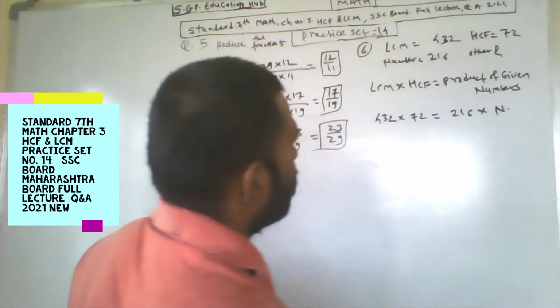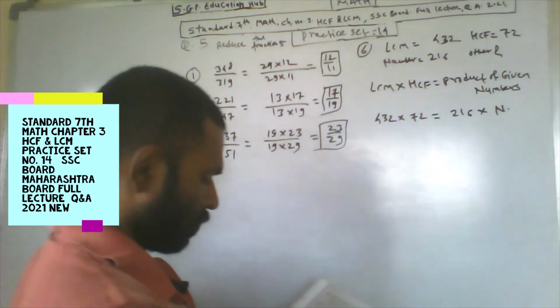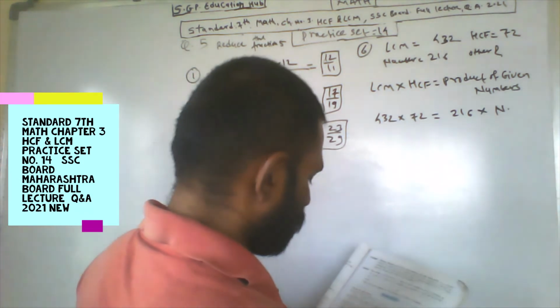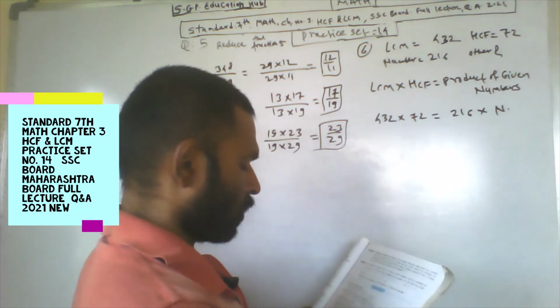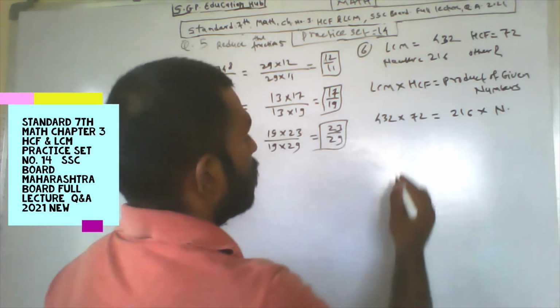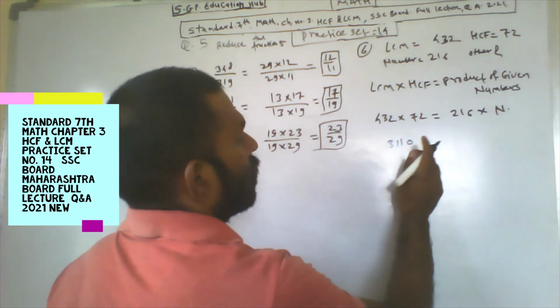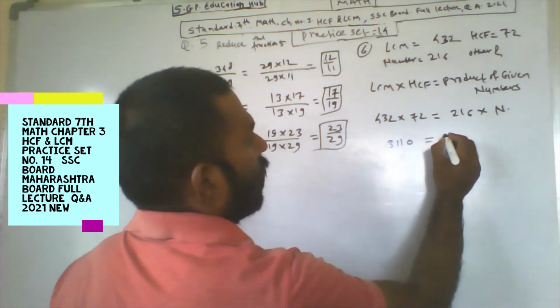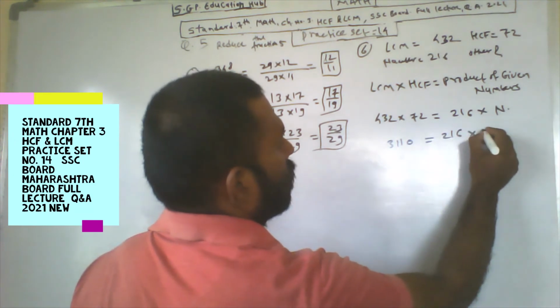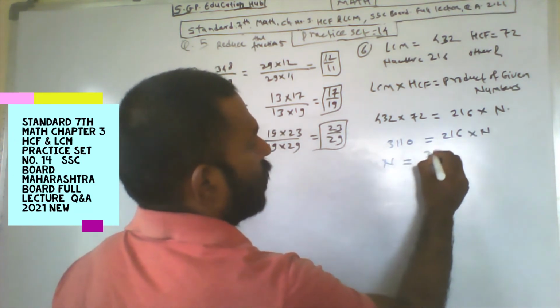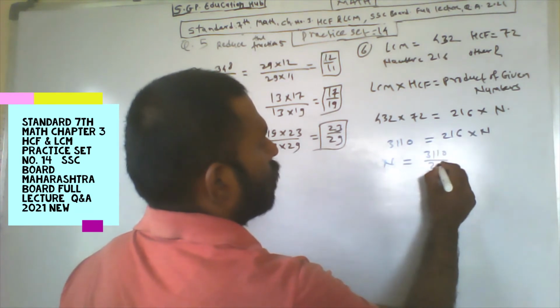The multiplication of 432 and 72 is 31104. So 216 into the other number n is equal to 31104, so n is 31104 upon 216.